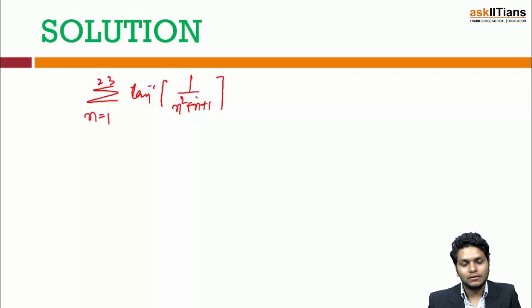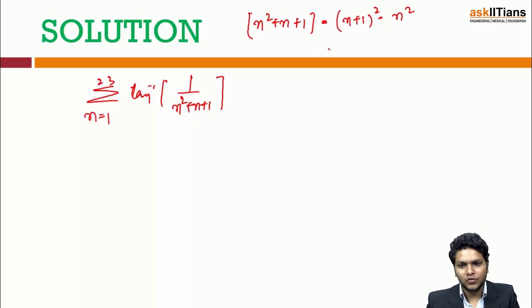So I need to write this in terms of difference. So what can I do? Let's see. I think I can write my n square plus n plus 1 as n plus 1 whole square minus n square. I hope everyone will be with me on this. So I think, let's say it's not n square, it's n.